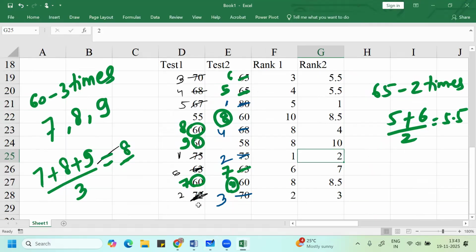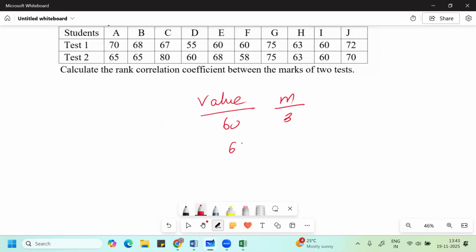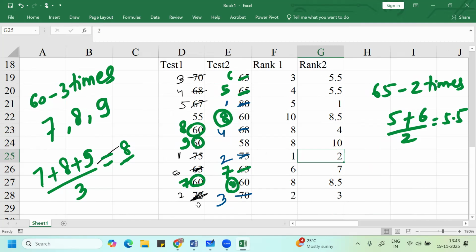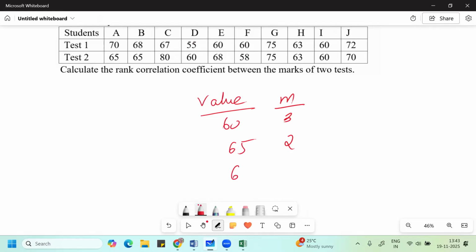Then in test 2, you had 65, which has appeared 2 times. Then you had 60 again in test 2.